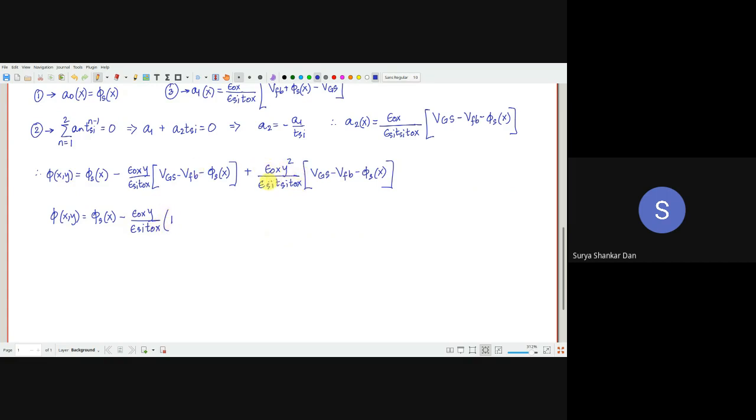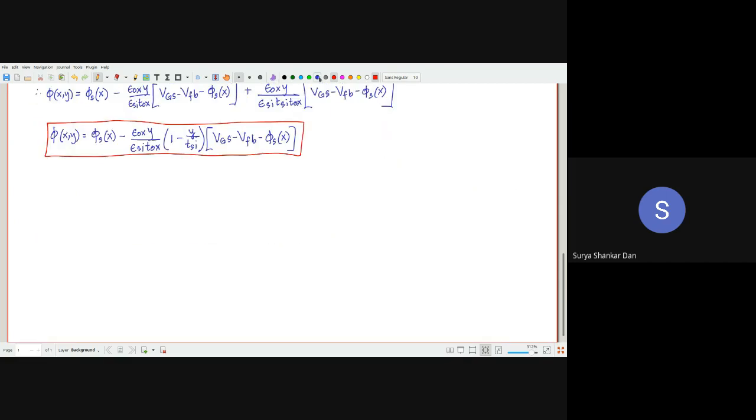So what will you be left with? 1 minus y divided by, this is the potential profile inside the SOI. Okay, so we have developed the model for it.